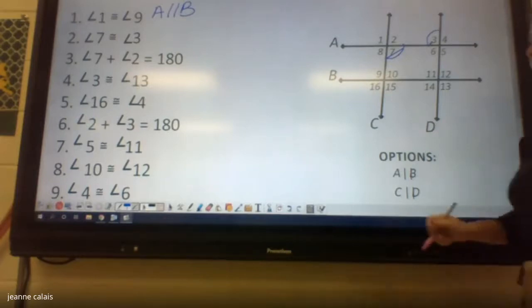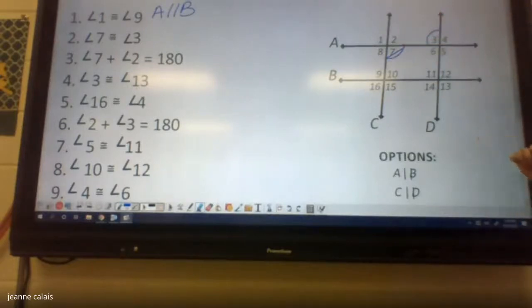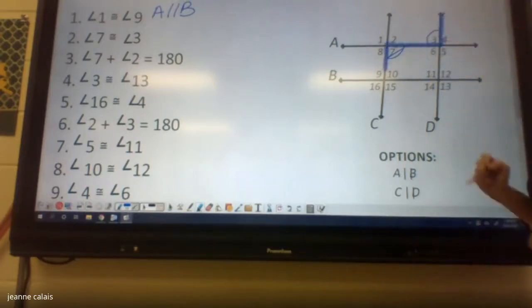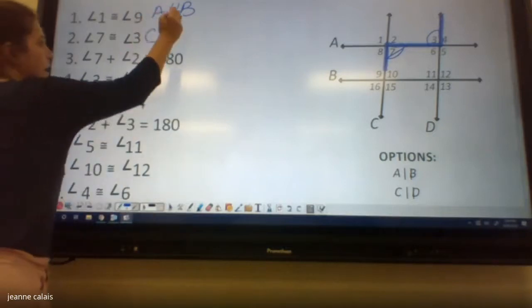It has nothing to do with B. So do we have alternate interior, alternate exterior, or corresponding? Since they're congruent, alternate interior. So therefore it has nothing to do with B. So then the two lines that are parallel are C parallel to D.